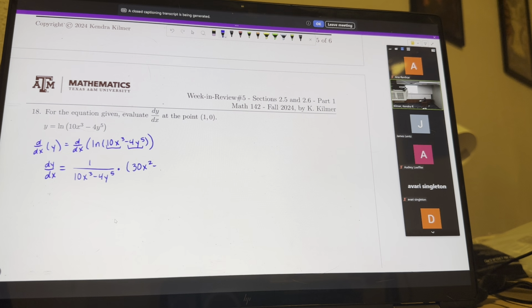So that is like 4 times a function raised to the 5th power. So that 5 comes down in front, so 4 times 5 gives me 20. The inside remains the same, so y remains the same. We subtract 1 from the power, so 20y to the 4th. And then we multiply by the derivative of the inside, which would be dy/dx.